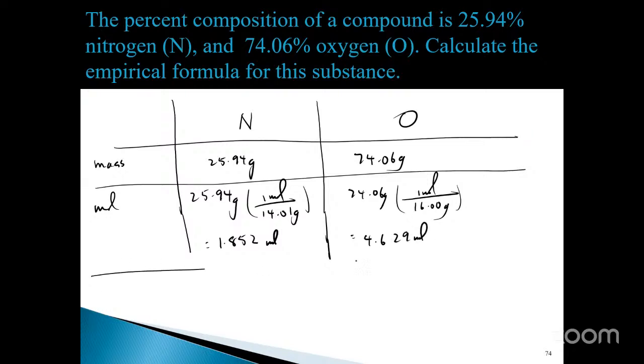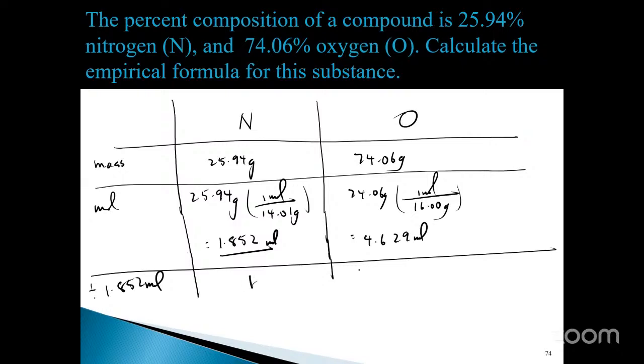And then, just like we did last time, at this stage we compare these two numbers and decide which one is the lower, and that would be this one, of course. So I'm going to divide both of them by 1.852 moles. And this would obviously give you 1. So let's do the same thing for this: 4.629 moles divided by 1.852 moles.